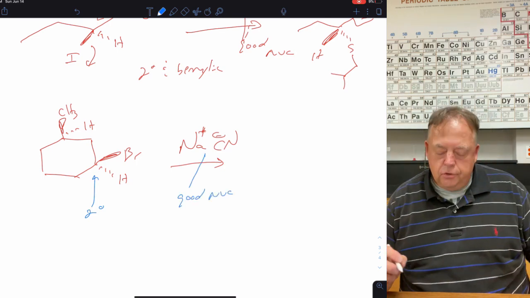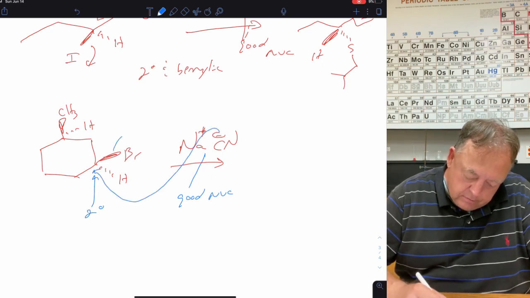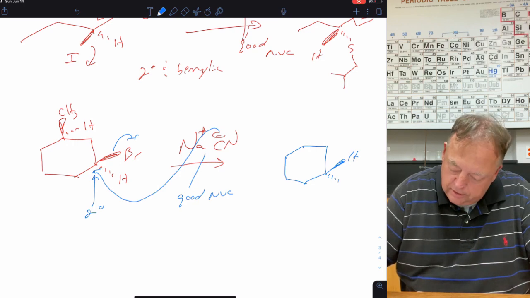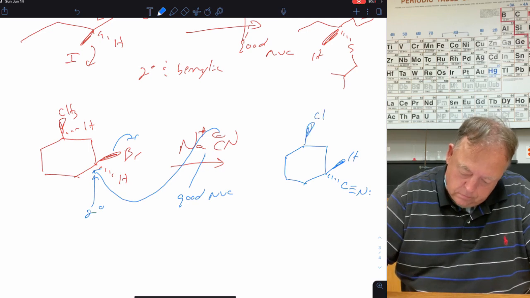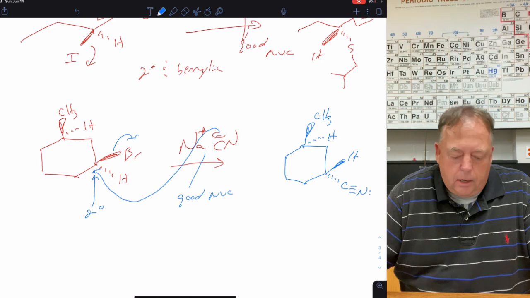So this can do an SN2. So CN is going to attack this carbon, kick the bromine off. So flip the hydrogen to the front, that would be the inversion, and attach the nucleophile to the bottom, and that would be the product.